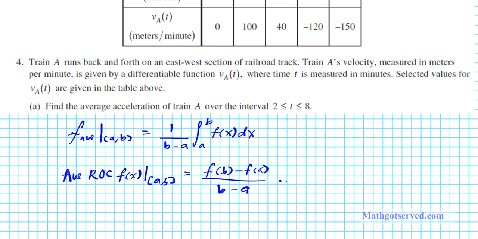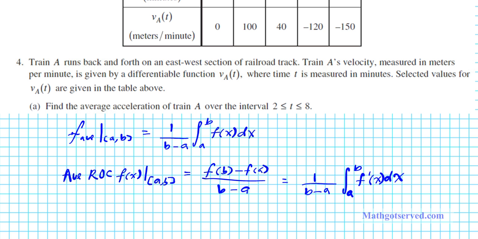In what way? Well, this average rate of change can be written as 1 over b minus a times the integral from a to b of the derivative of f, which is f prime of x dx.